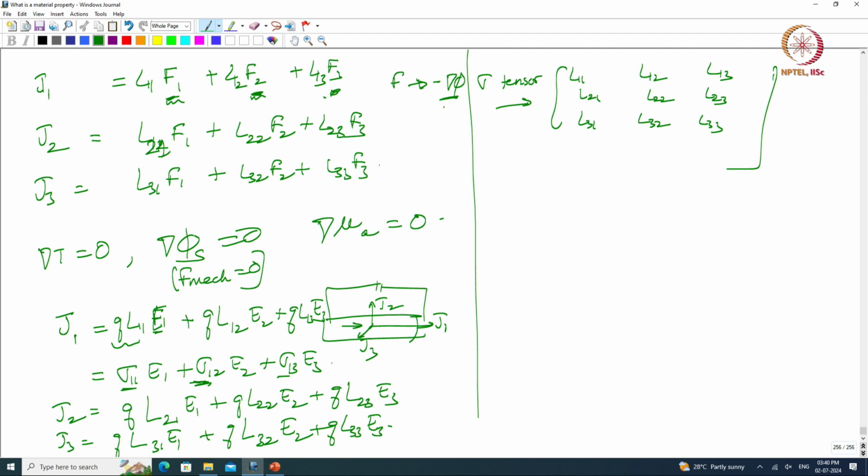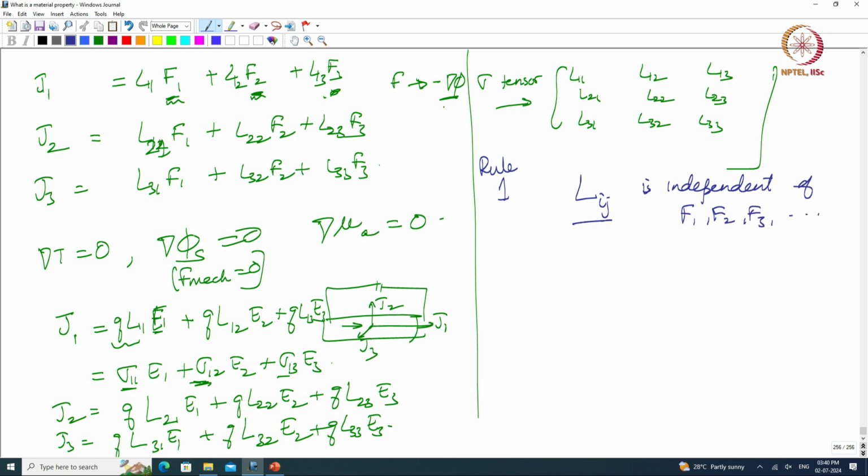Now, there are certain rules for Onsager's coefficients, and one of the rules is what is called reciprocity. Let us start with the first rule. I am just going to mention it here. Rule 1: Lij, any coefficient, is independent of F1, F2, F3, whatever.